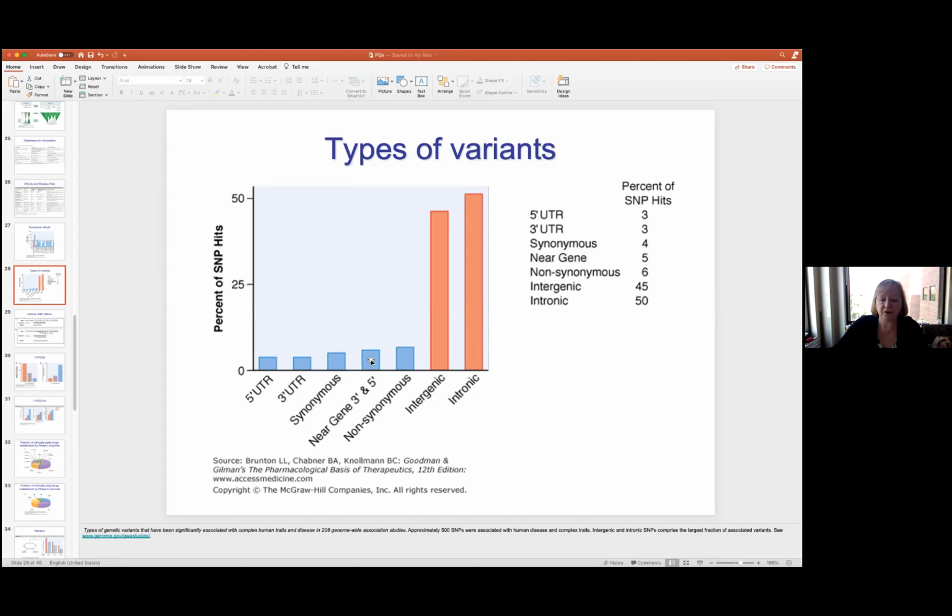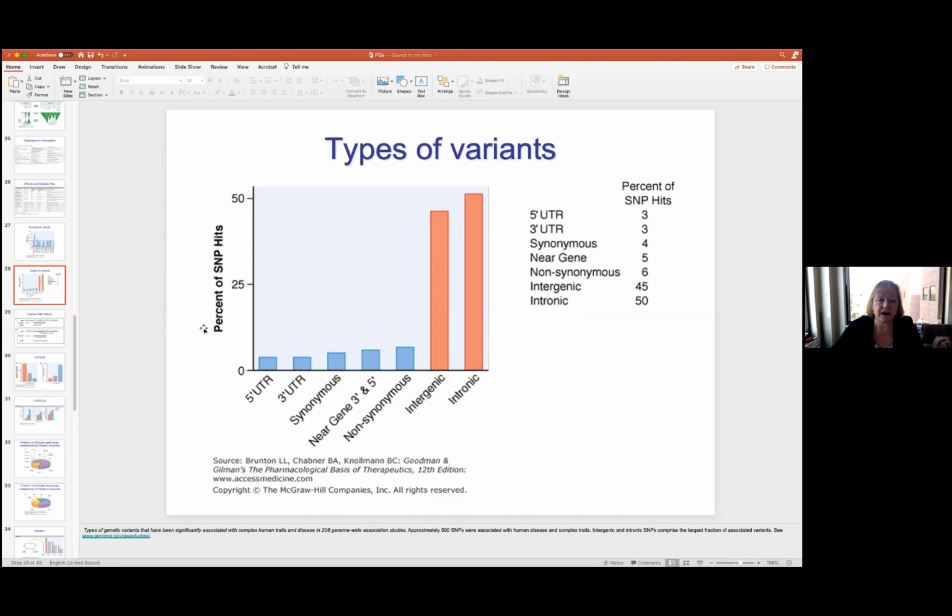If they're near the gene's 3' or 5' ends, maybe a few more. Non-synonymous SNPs are even a little bit more common, but this is just pointing out that in this study, they found that the majority of the SNP variants they identified were either in intragenic regions or intronic regions.